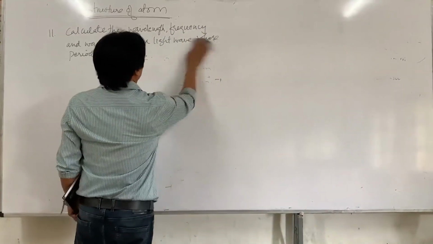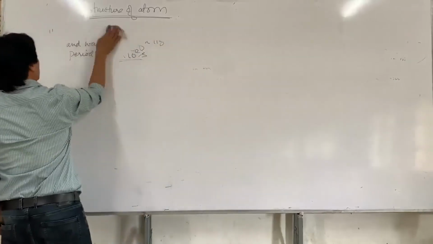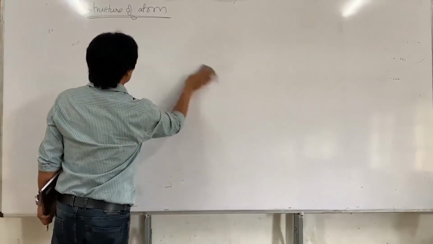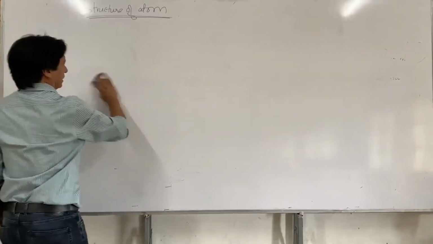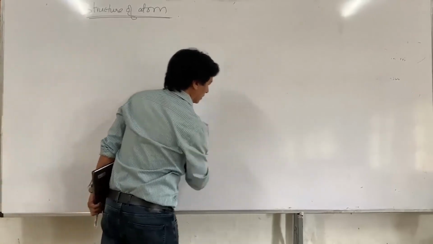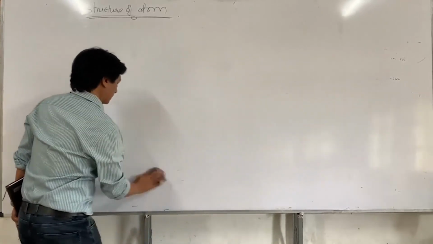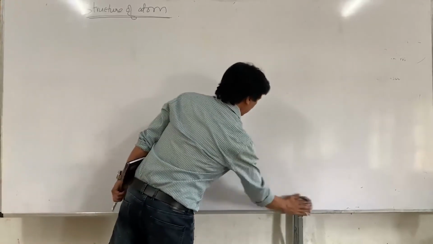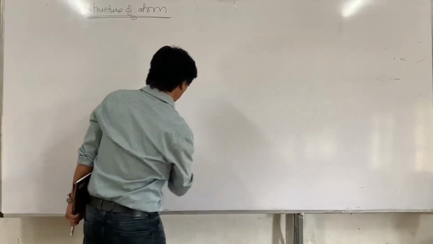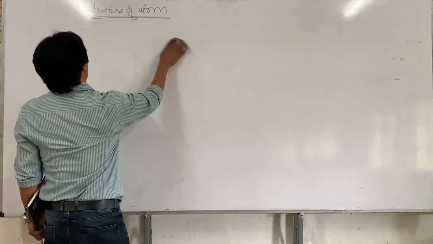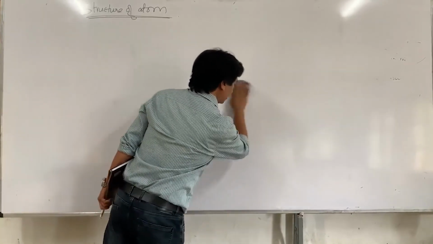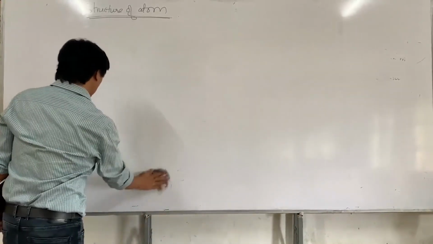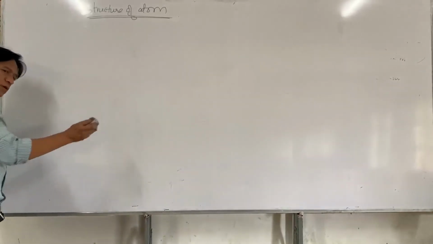The first one, as we are still discussing, is the dual character or dual nature of electromagnetic radiation: electromagnetic radiations having wave nature as well as particle nature. As far as the wave nature is concerned, we have already finished with that.